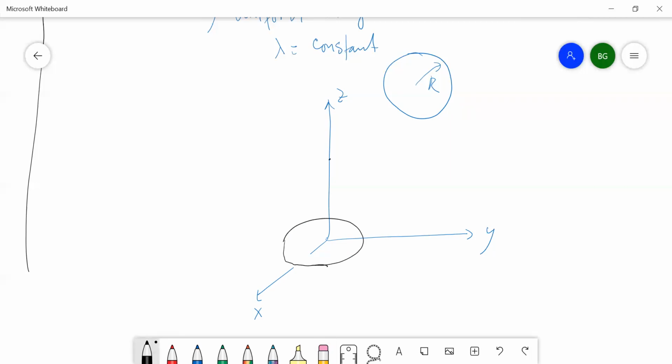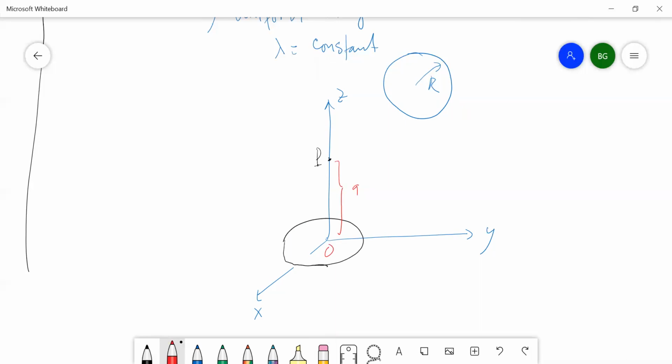We have a point P here at distance A from the origin.